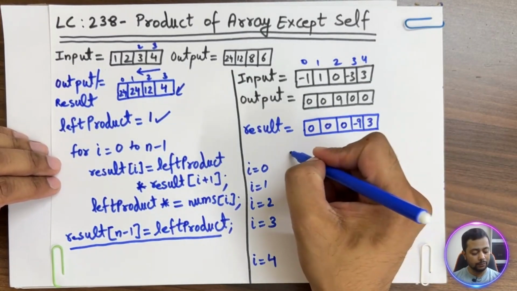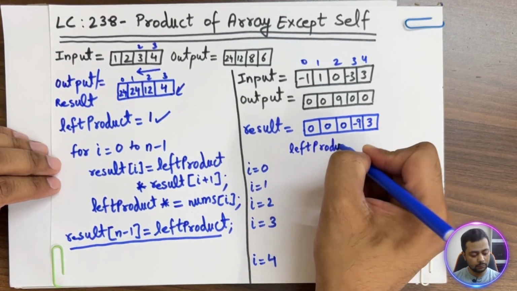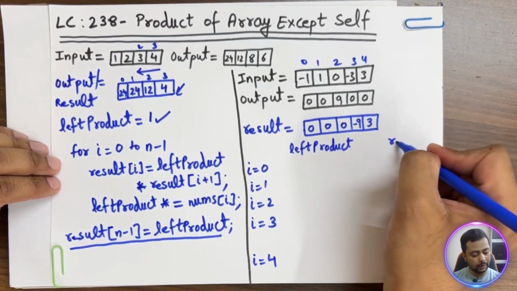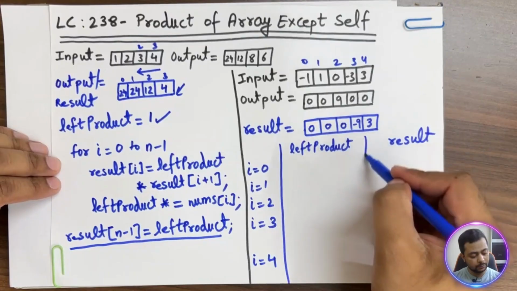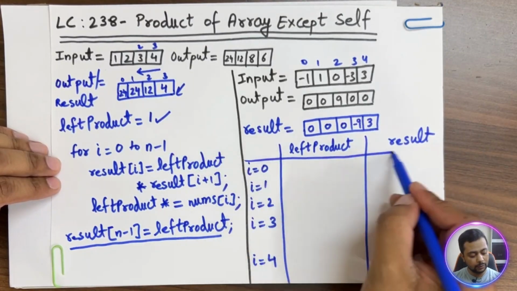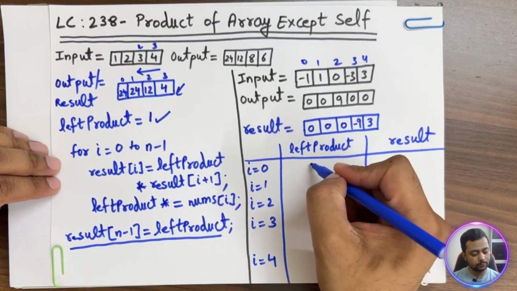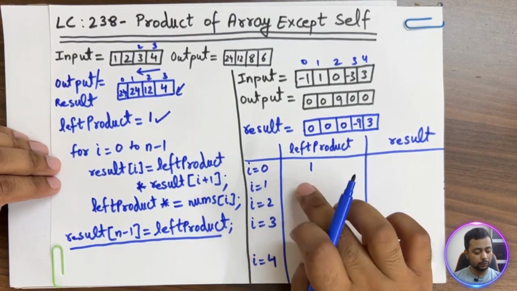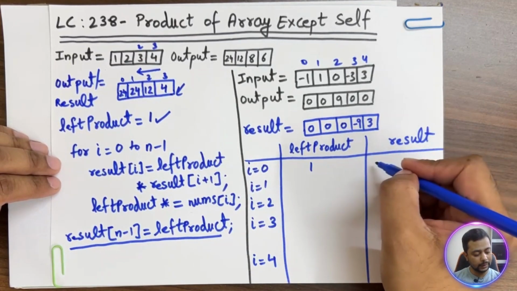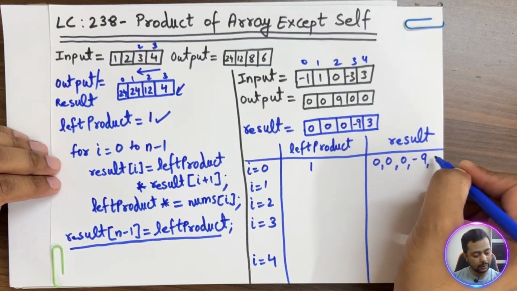And let's start by defining left product. I will keep writing how the result looks at each step. So initially we will be initializing left product with 1, and result prior to i equal to 0 will be looking like 0, 0, 0, -9 and 3.